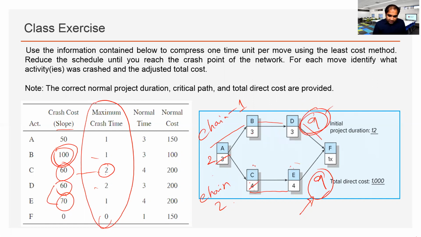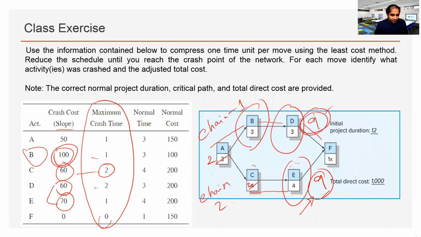So C is crashed to 2, A is crashed to 2. At this point, we have the option of B, D, and E. Which one do we crash now? B is expensive, right?